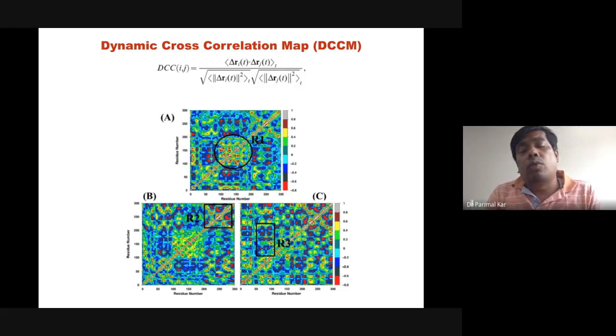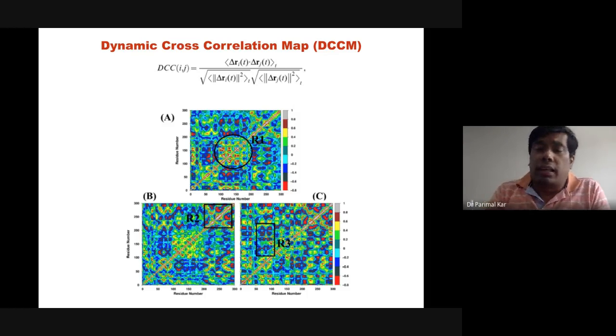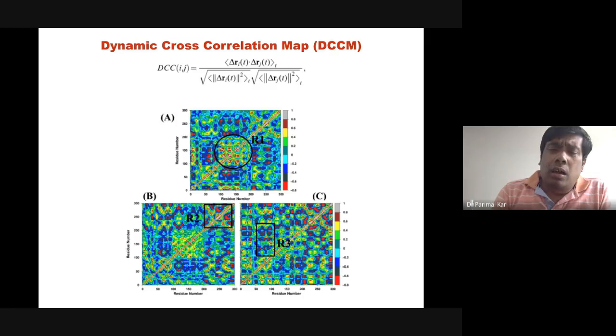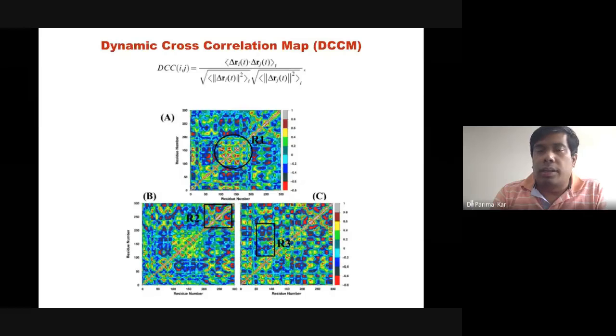Now if you compare A and B, in A I have shown one black circle. Look at this color scheme: the red one is the negative value. The negative value corresponds to anti-correlated motions, the positive value corresponds to correlated motions, and the cyan color corresponds to neutral motions, I mean there is no correlation actually.